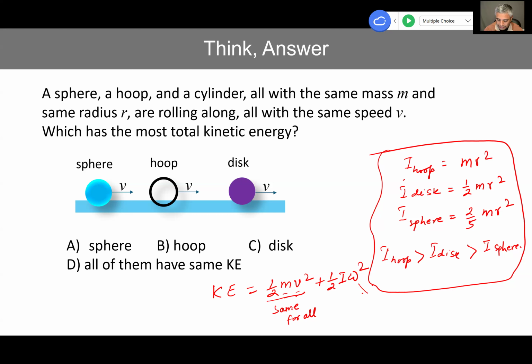And since R and v are the same, v is R times omega, or omega is v over R, so omega is also the same for all of them. However, there is this thing called rotational inertia. So that is different.